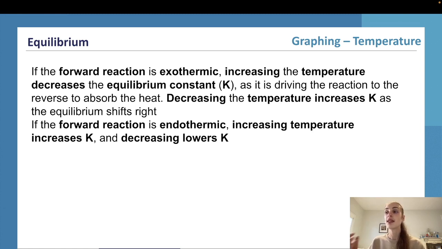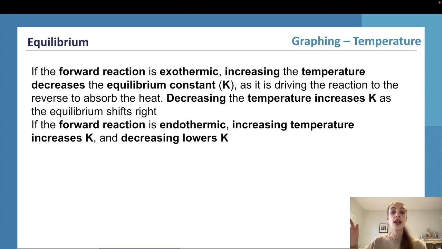So if we were to be decreasing the temperature, it would be like taking heat out of the system. So it would be like taking product out of the system. And so if we're taking product out of the system, we want to favor the forward direction of the reaction in order to replace the heat that is being lost from the system.